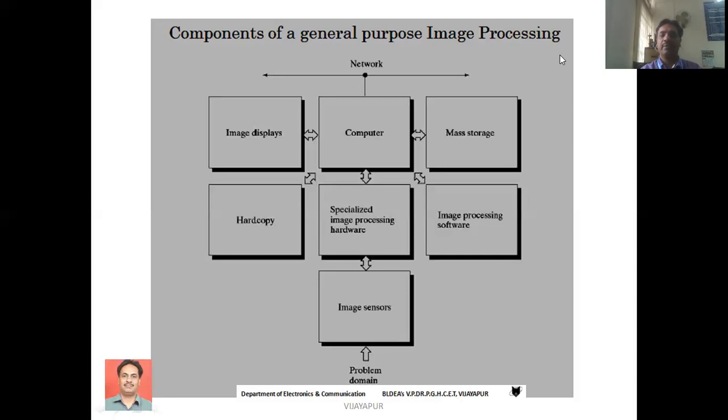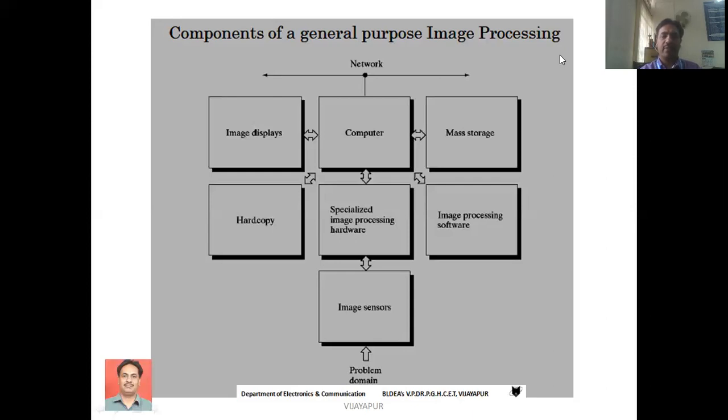We use a graphics card many times along with the system to perform some specialized operations. One example is specialized image processing hardware that may perform an average of the images captured so as to reduce the noise.